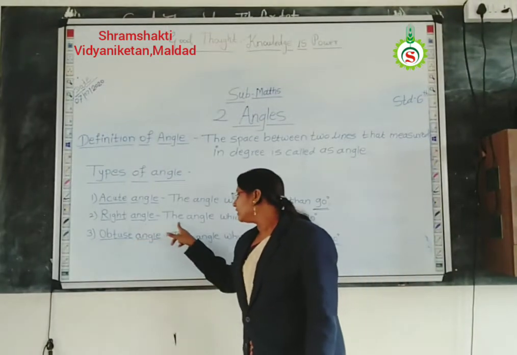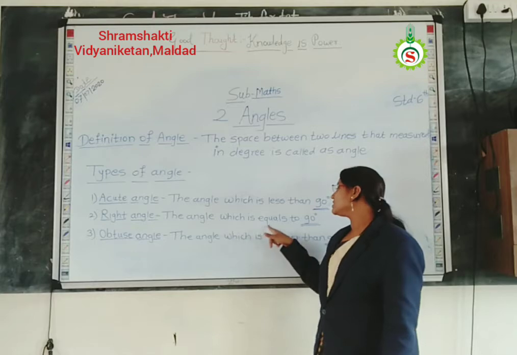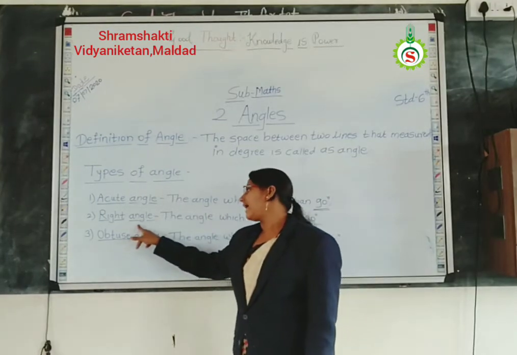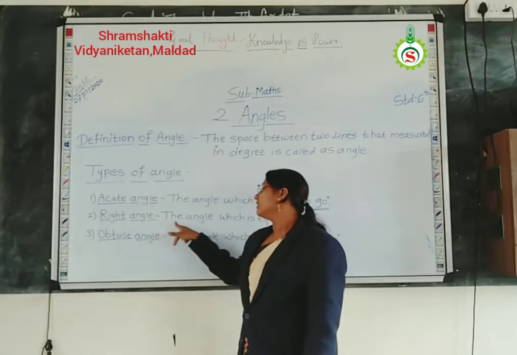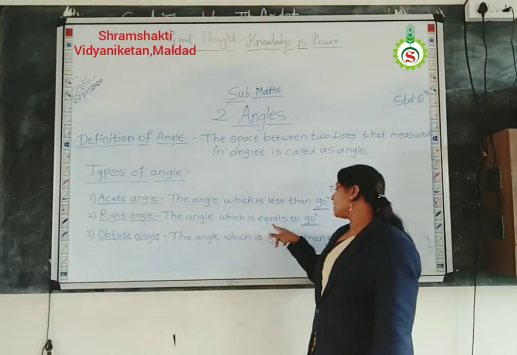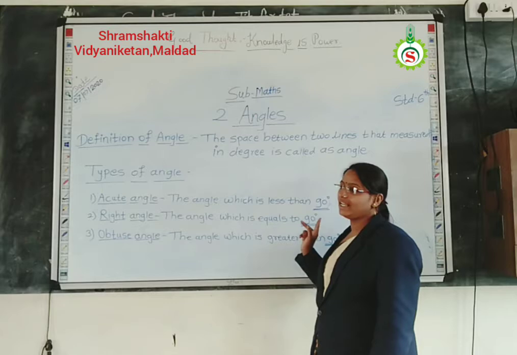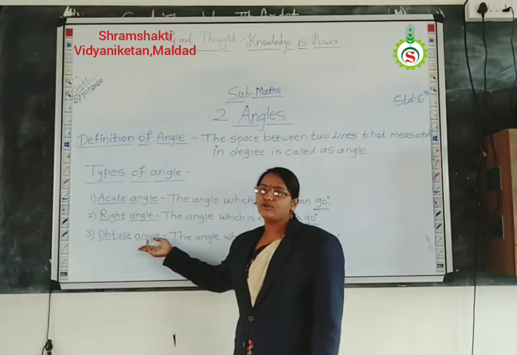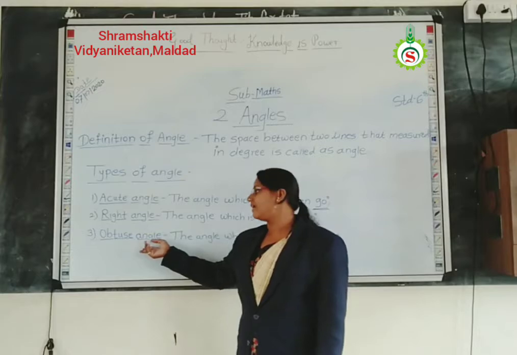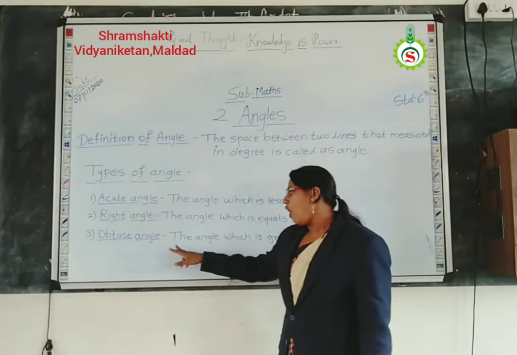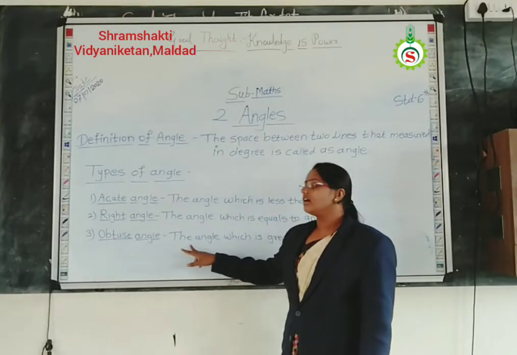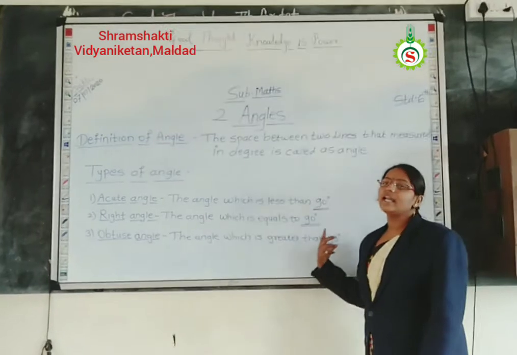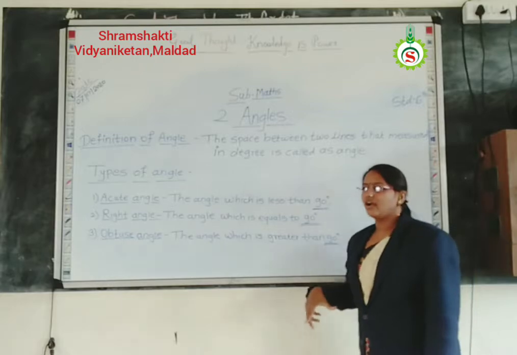Right angle is the angle which is equal to 90 degrees. And the third type is obtuse angle, which means the angle which is greater than 90 degrees.